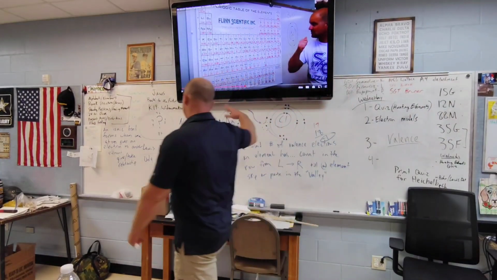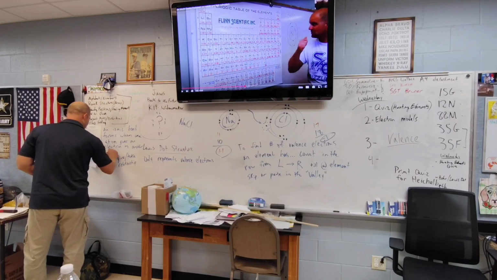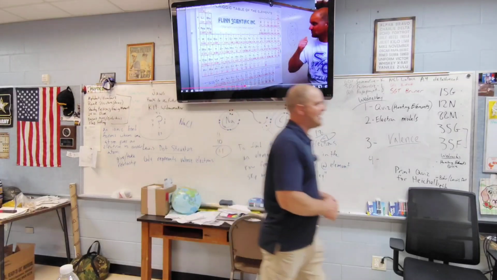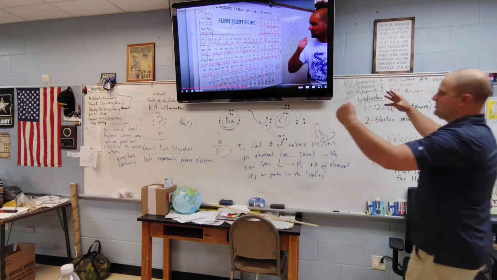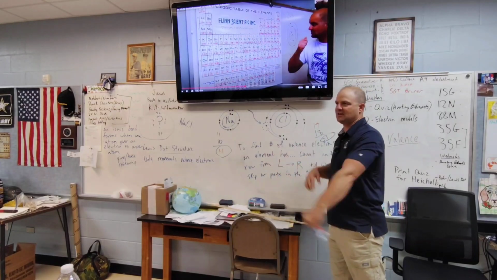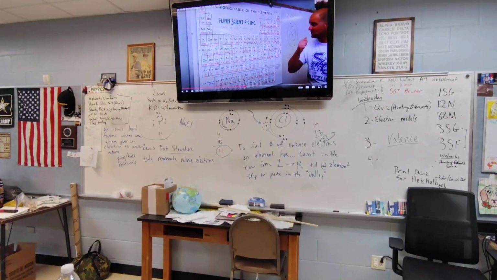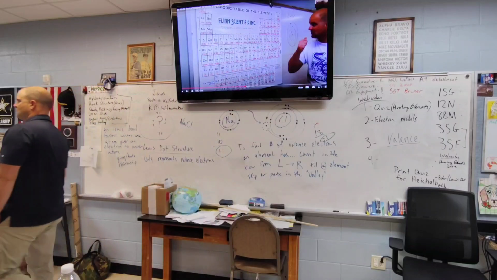In this case, we're dealing with different elements, so either way works. And we would call that a give-take relationship, right? Because they have become oppositely charged ions, they're going to stick together. They're going to be electrically attracted to each other. An ionic bond forms when one atom gives an electron to another atom.